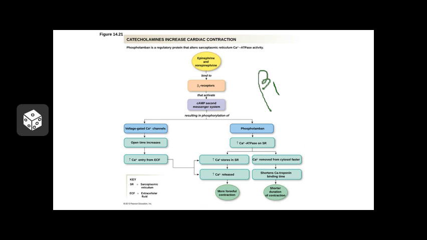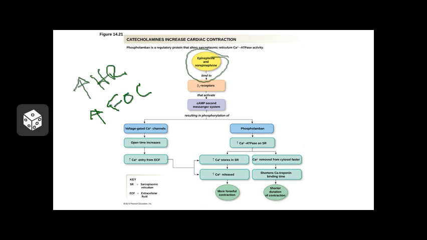They are not only on the SA node and the AV node, they are everywhere, including on the contractile cells. For this reason, epi and norepi increase heart rate, but they also increase force of contraction.